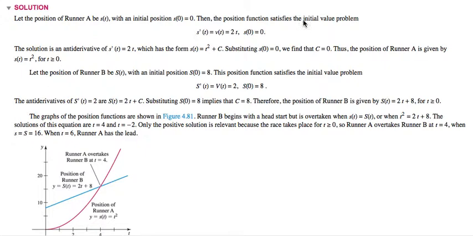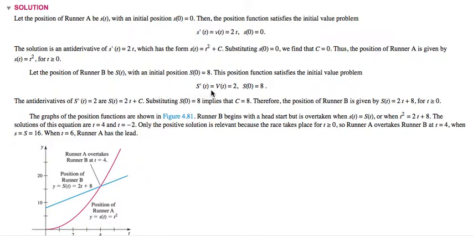Then the position function satisfies this initial value problem. So since the derivative is 2t, we know that the position function is t squared plus some constant. Since we're going to substitute in 0 at 0, we find that that constant must be 0. So the position of runner A is given by t squared for all time greater than 0.